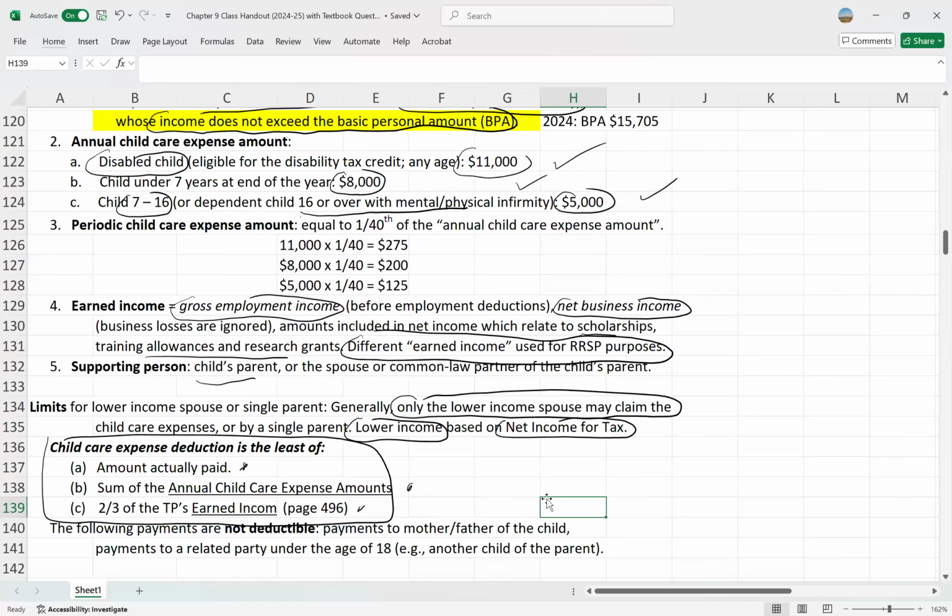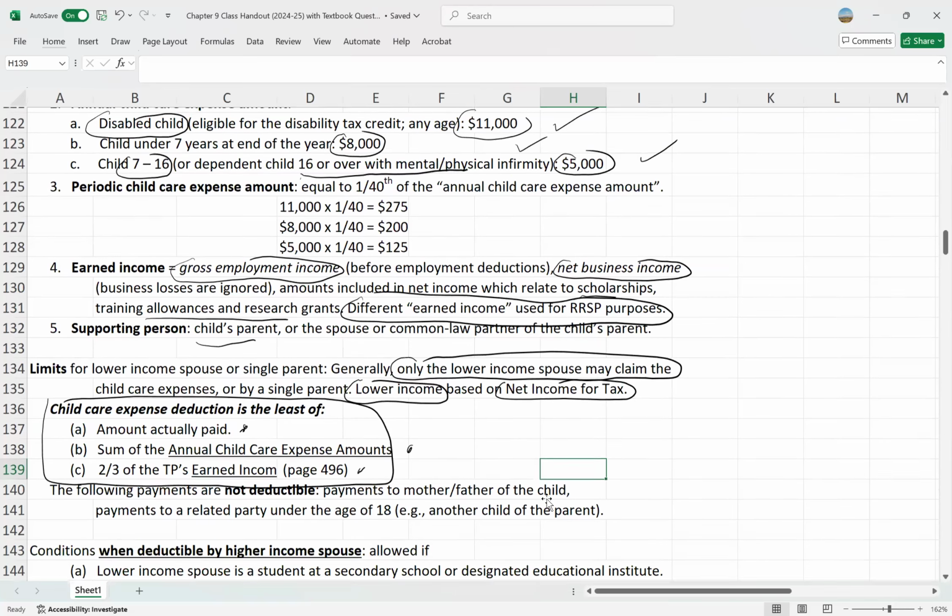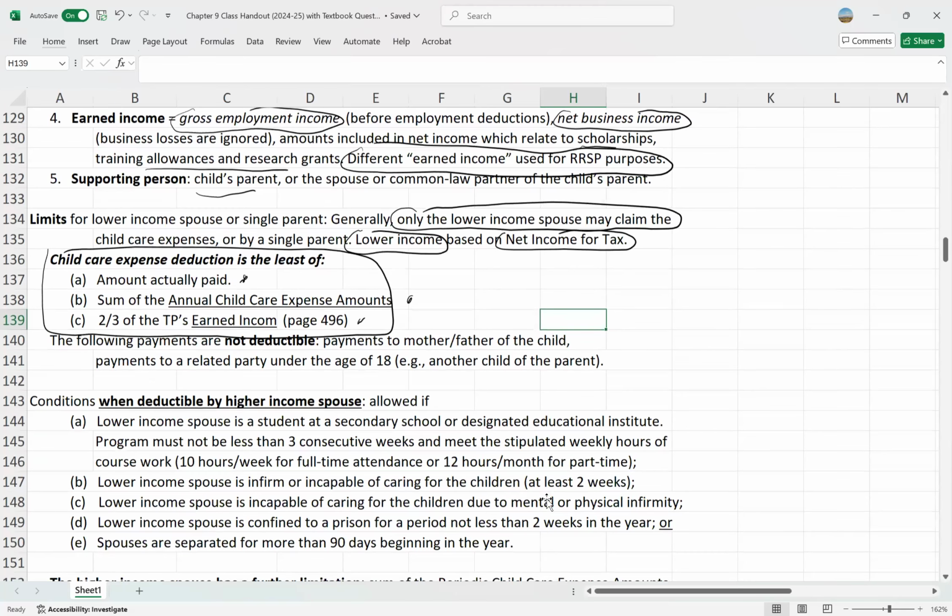Now, there are some exceptions when the higher income spouse can make a deduction. Obviously, it would be more beneficial for the higher income spouse to deduct the childcare expenses because they have a higher income. They might be in a higher tax bracket. But the higher income spouse can only deduct childcare expenses if the lower income spouse is at school.